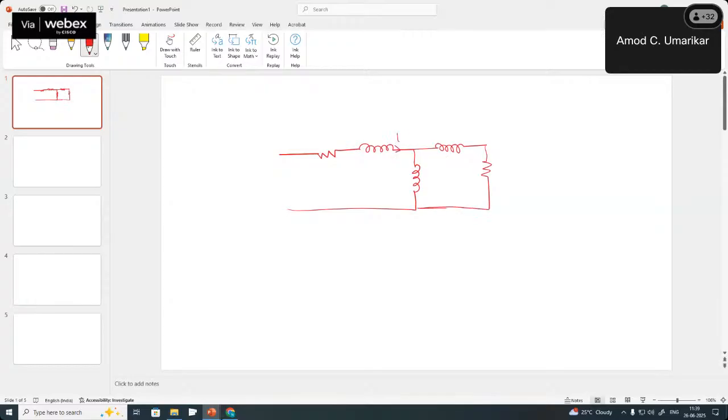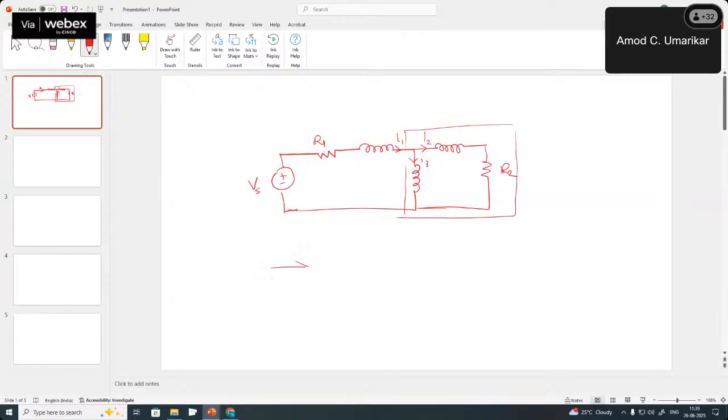Let's say this is L1, L2, L3, R1, R2, and Vs. What is the bond graph here? These two are in parallel.